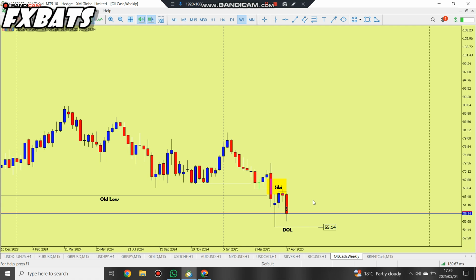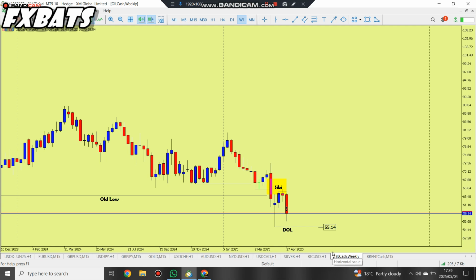We're still coming down, still aiming for this weekly low to make a new lower low. Basically, we found our narrative. Our narrative is a sell, and we're selling from this weekly CB or FVG towards the weekly swing low. This is our narrative, our bias.